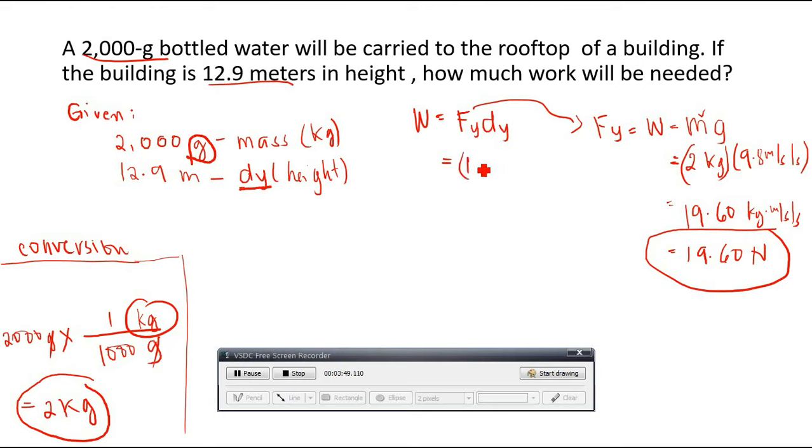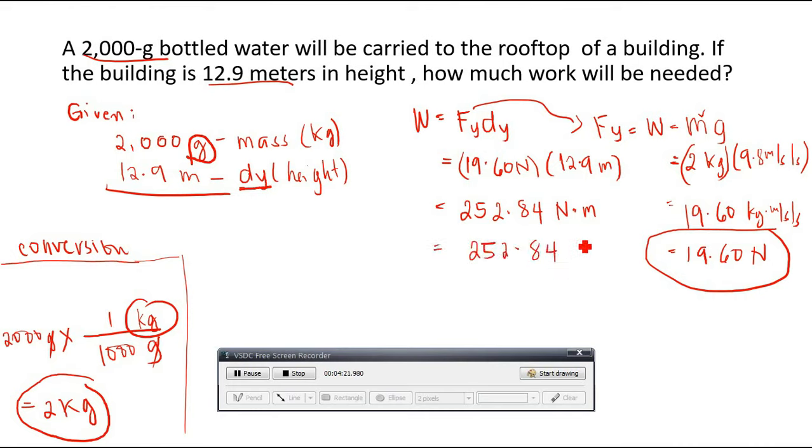So 19.60 Newtons times your dy, which is already given, 12.9 meters, and 19.60 times 12.9 will be 252.84 Newton meters, or 252.84 joules. So this is your work.